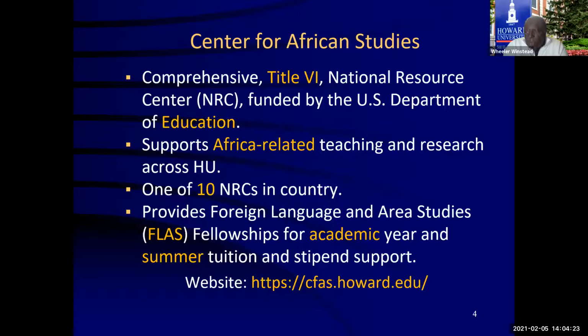The center, as one of its programs, provides Foreign Language and Area Studies Fellowships for the academic year and summer, and we provide both tuition and stipend support. You'll see this website shown a number of times, and if you want to know more specifics, we encourage you to go to our website.